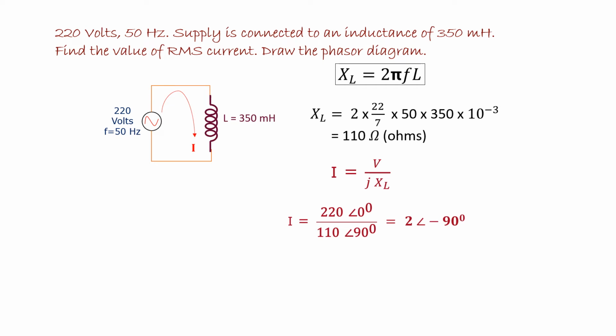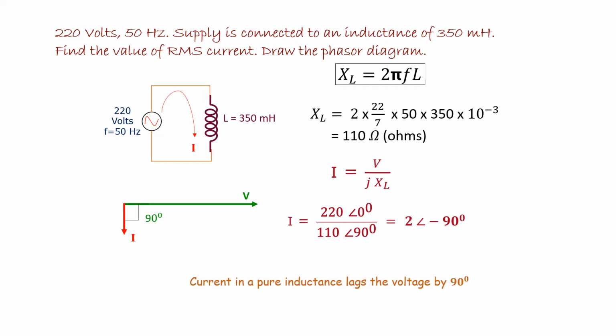From this we get the current I as 2 with angle minus 90 degrees. This is the phasor diagram. From this problem, we can conclude that the current 2 amperes will be lagging behind the voltage by 90 degrees.